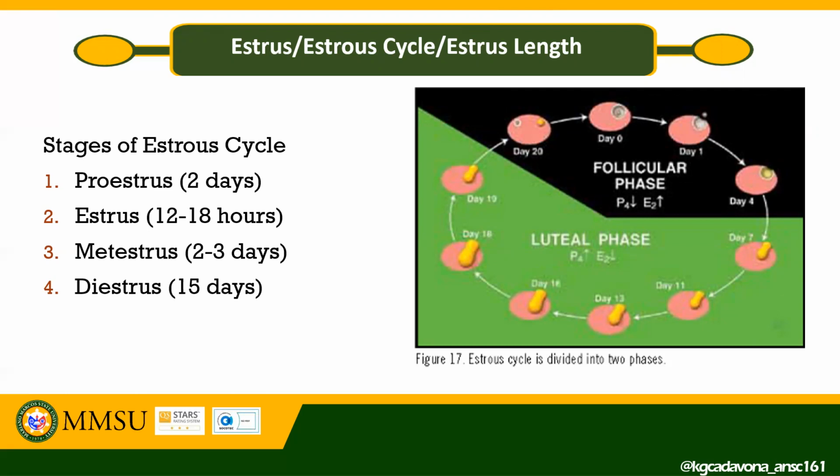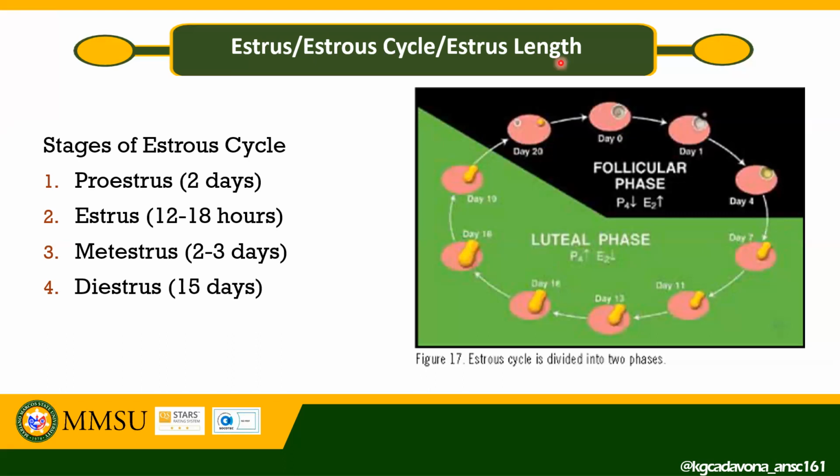So in many farm animals like the dairy ones, estrus comes every 21 days if the female animals are cycling regularly, although it could vary naman to around 12 to 30 days. Okay, so regular cycling means that the animal becomes in heat or receptive for breeding every 18 to 24 days.